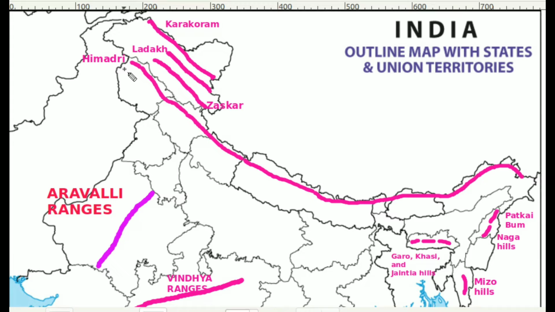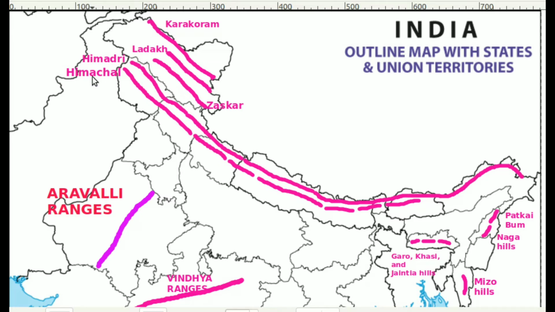Then Himachal, beginning from Jammu Kashmir, draw like this. That is Himadri and Himachal. The second one is Himachal.